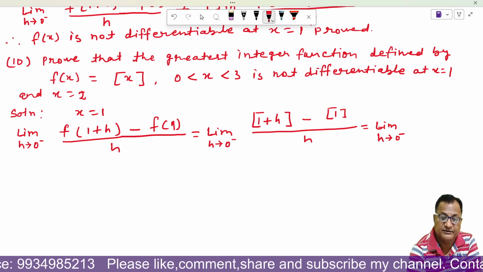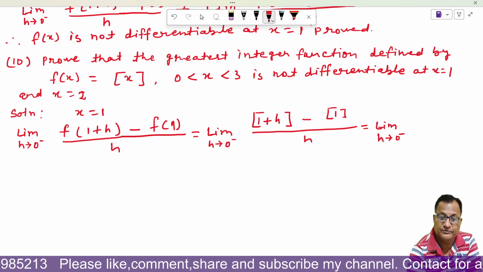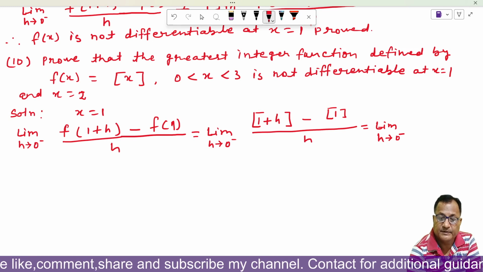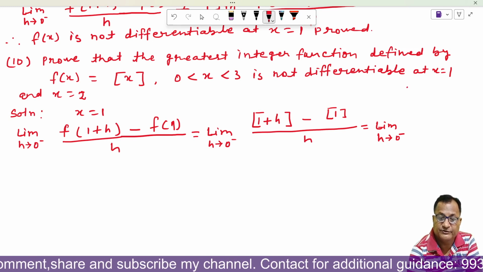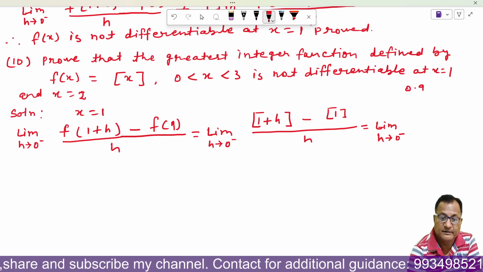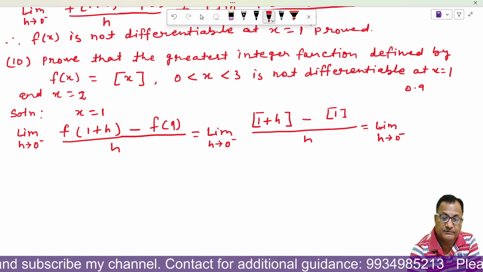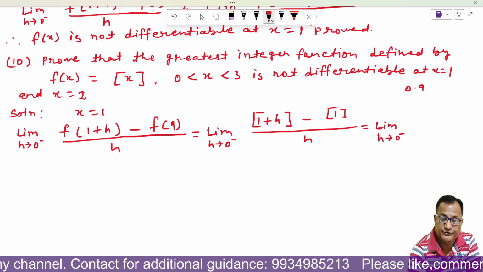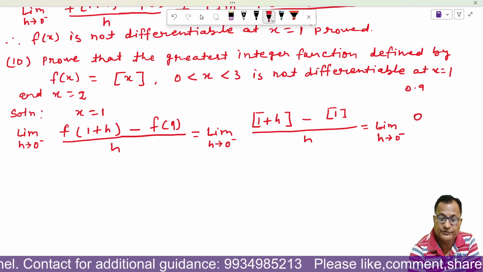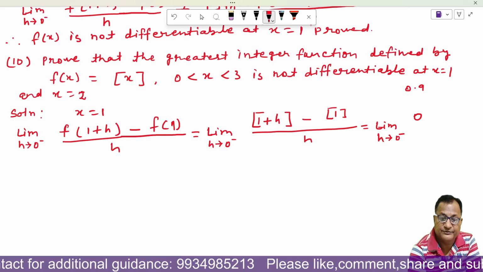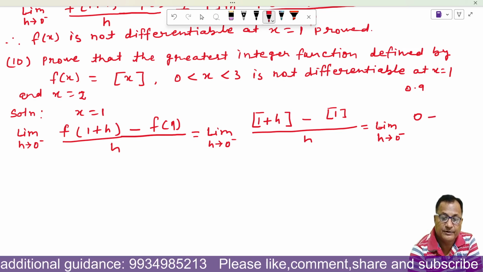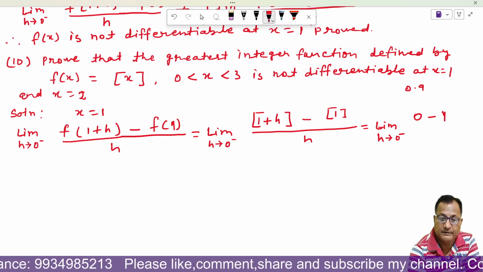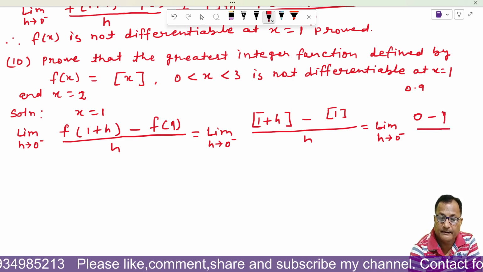Therefore the greatest integer, like suppose this is 0.9, so its greatest integer will be 0, minus f(1), which is 1, by h.